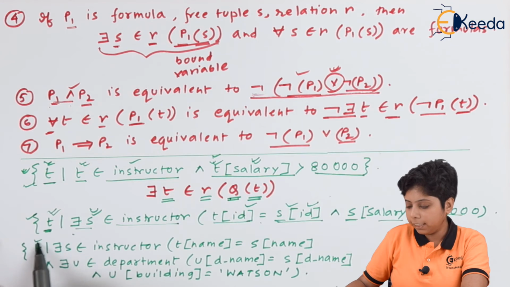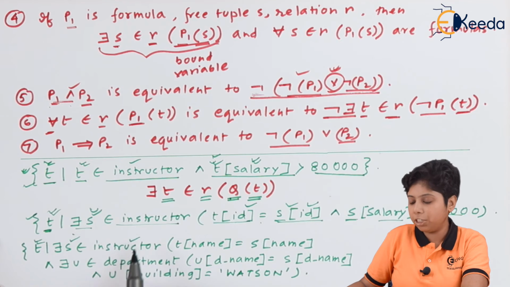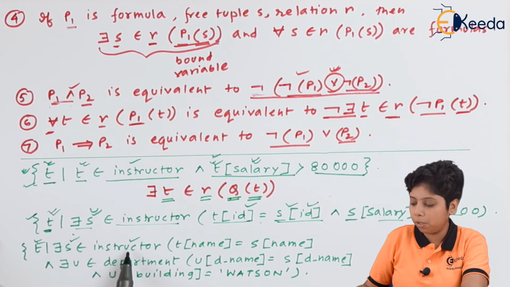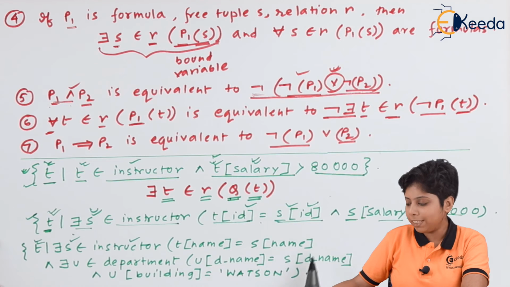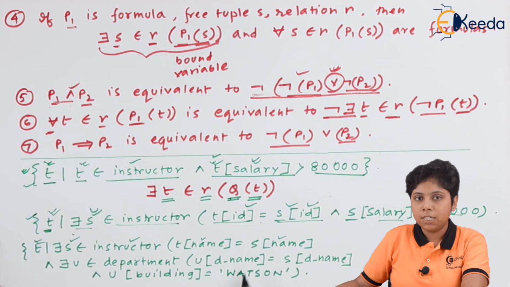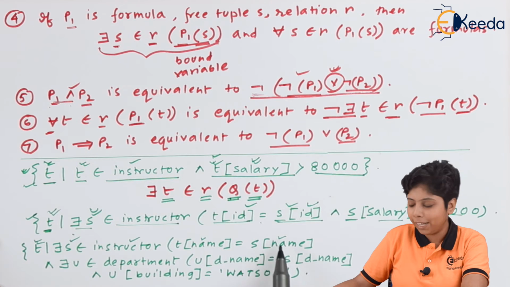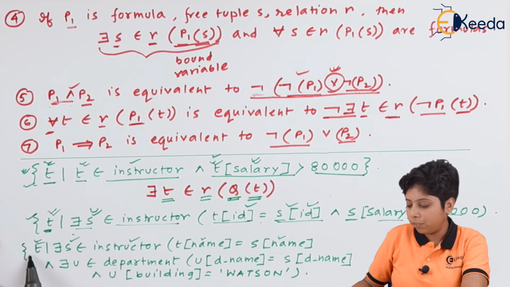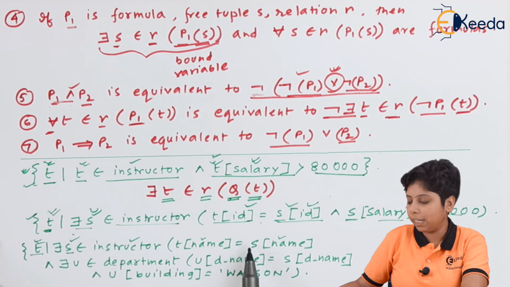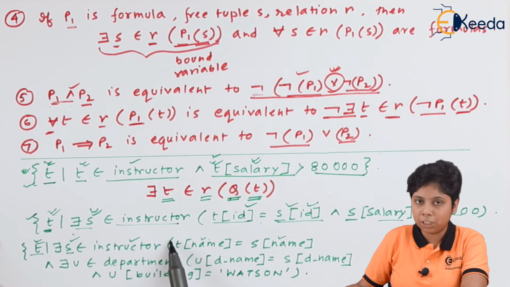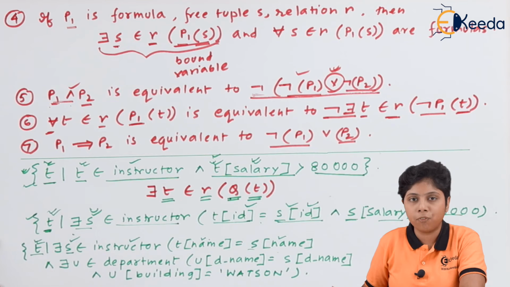So first we are selecting the tuple T, such that there exists an S from relation instructor, that is a bound variable on the instructor relation, which satisfies the predicate that T.name equals S.name. This is more like the previous relational query, where we are joining T and S on a predicate: if the name of tuple T and the name of S are equal, then we can select and proceed further.